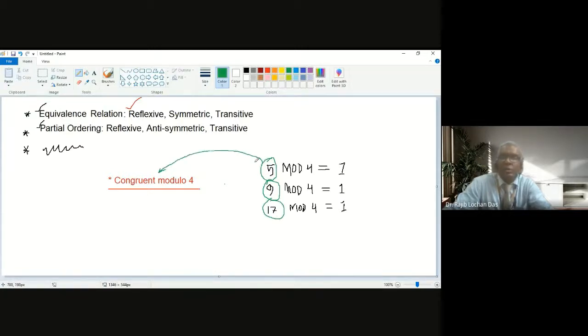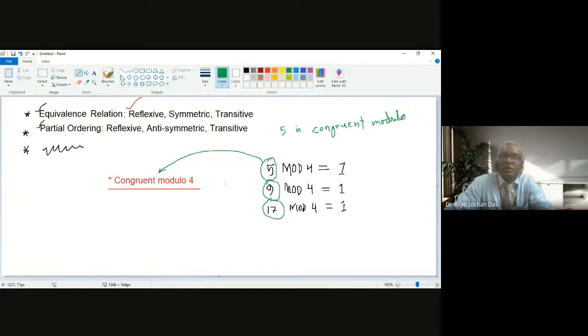You can say 5 is congruent modulo 4 to 9.